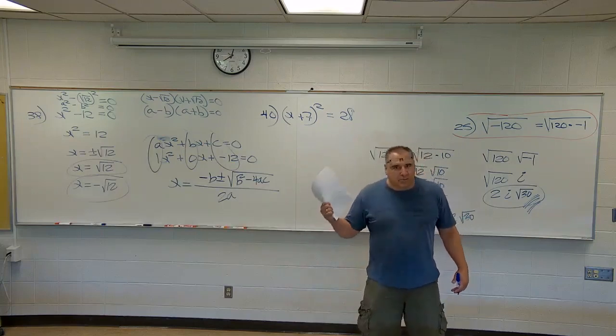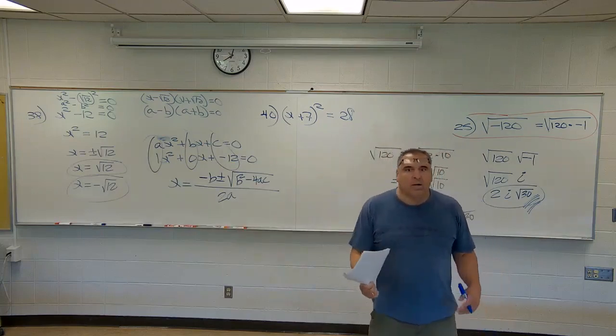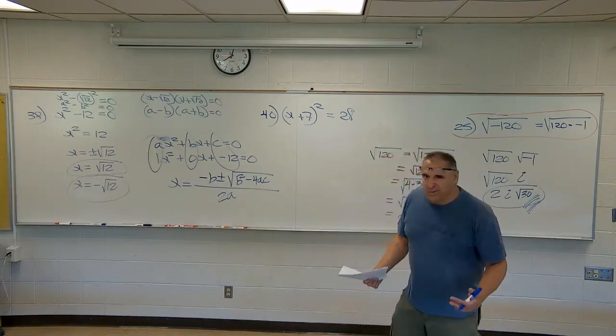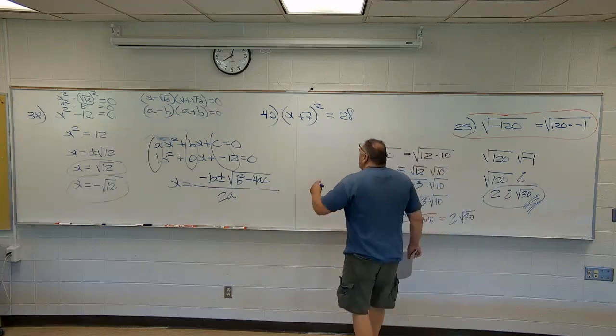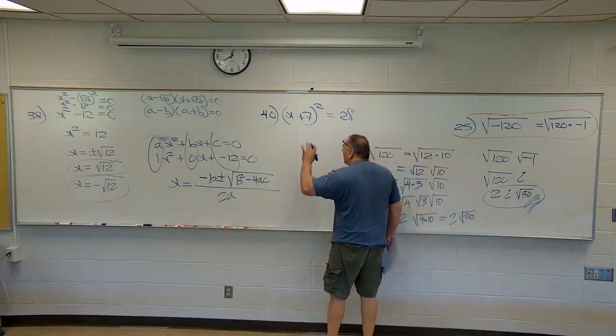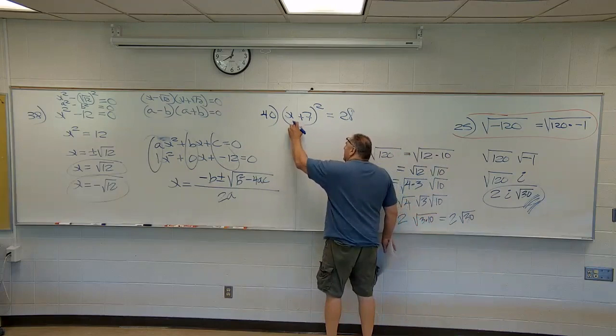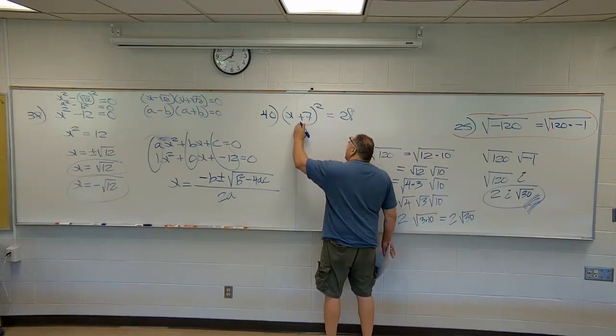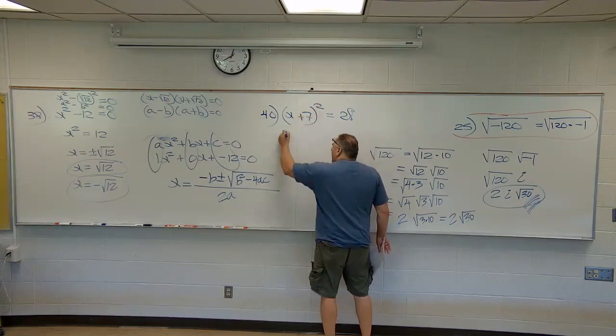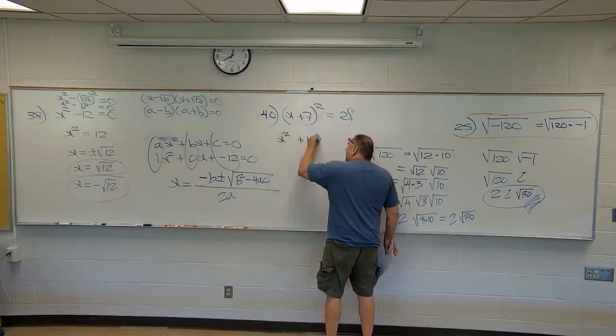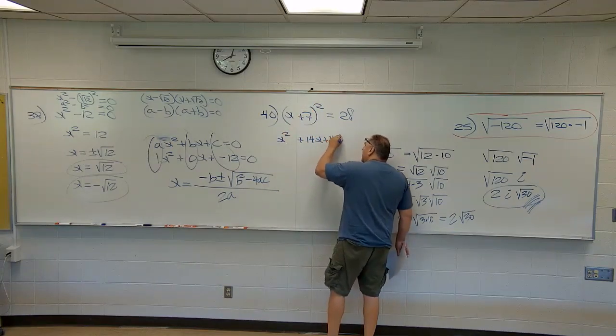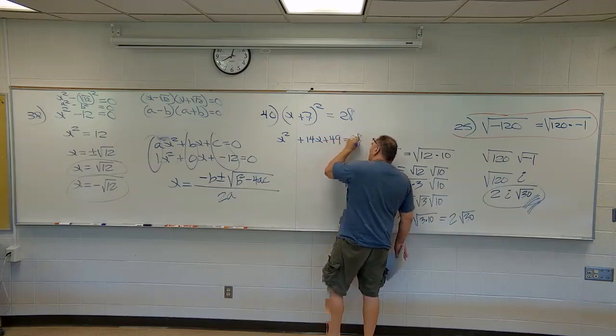The square root method is probably a good way to go right here as well. Be careful, but I think it's a really good way to go. You could take the quantity x plus 7 and square it: x squared plus 14x plus 49 equals 20.